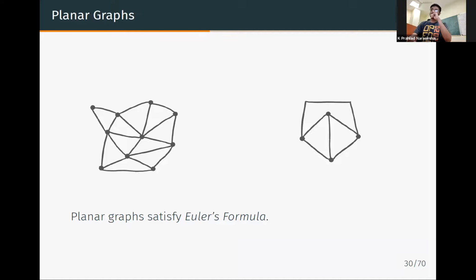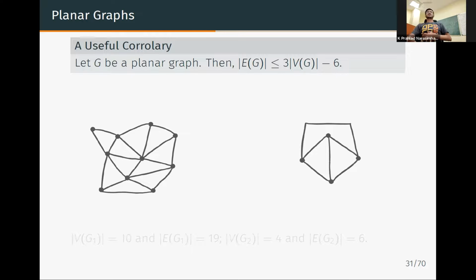Now, Euler, once again, a huge name in math. I'm not going to actually state Euler's formula, but what I'm going to do is state one of its corollaries, which is actually easier to look at based on what we have so far. The corollary is as follows: if G is a planar graph, then the number of edges is bounded above by 3 times the number of vertices minus 6.